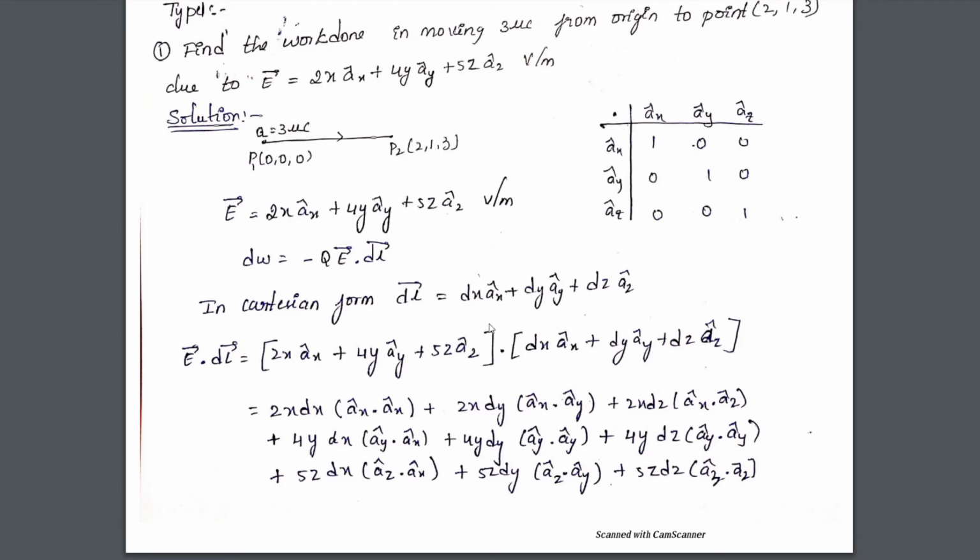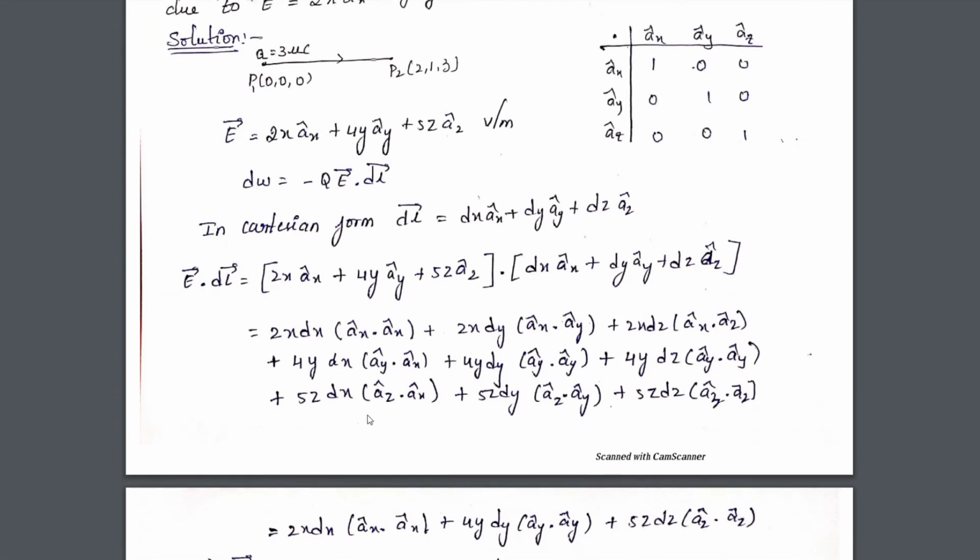First you need to find differential work done, not total work done. So differential work done will be minus Q E dot dl. E is given in Cartesian, so dl also should be Cartesian: dx ax plus dy ay plus dz az.